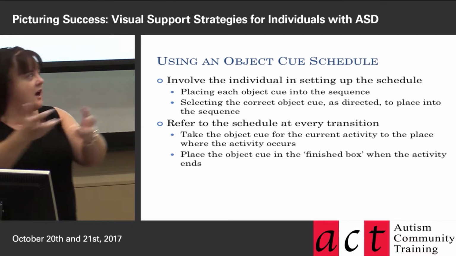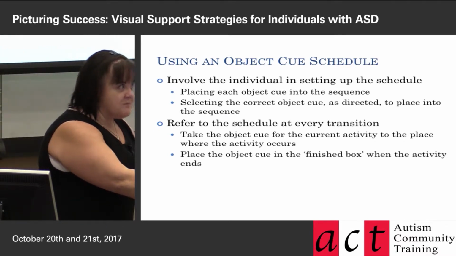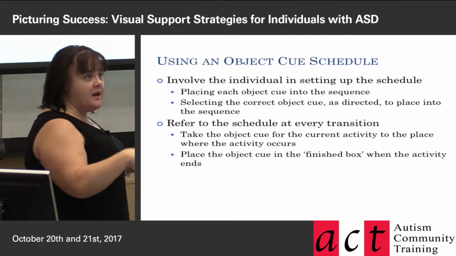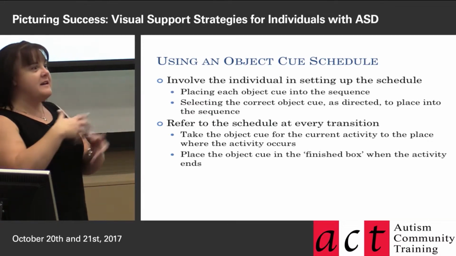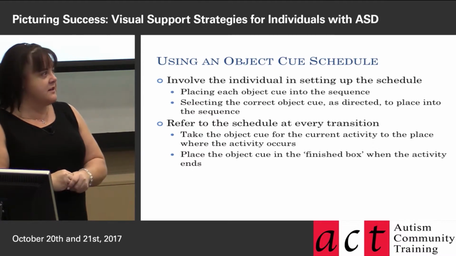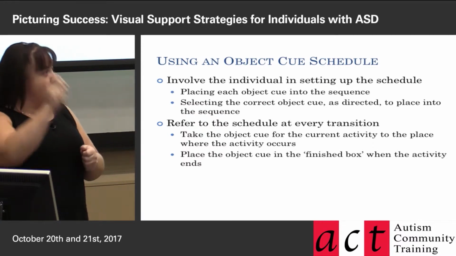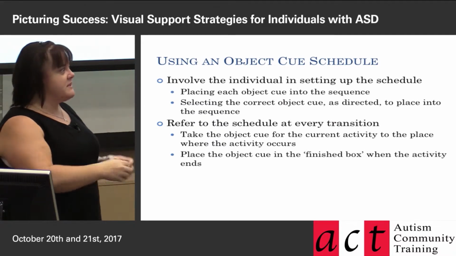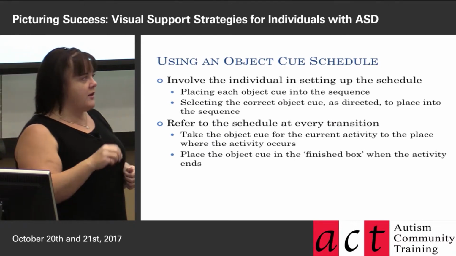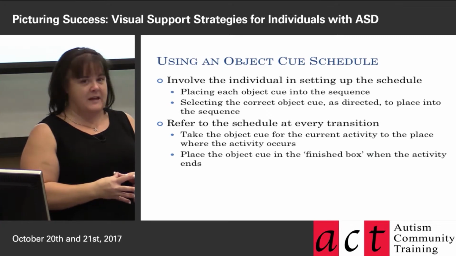When that activity is done, puts the item in the finished box, checks for the next activity. So again, they're participating in manipulating all of the items in their schedule. It's the same thing as checking their own things off their list. It's just that you're not checking off a list, you're putting items in the finished box. So it's really important to involve the people.